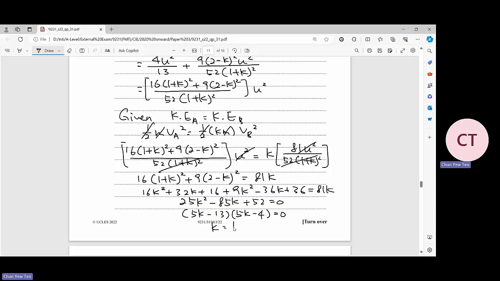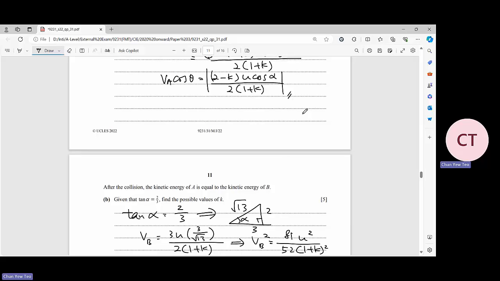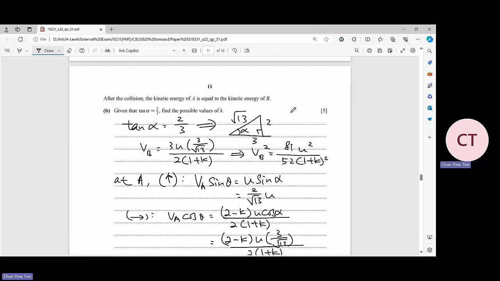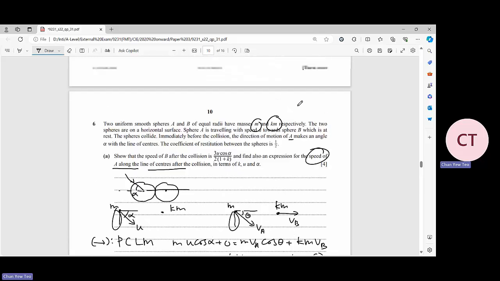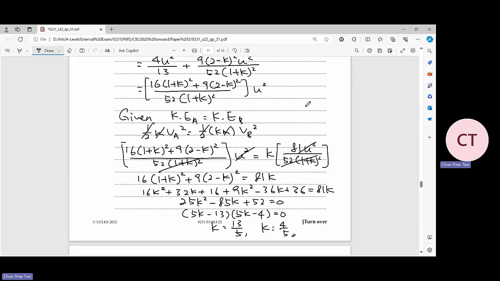So your k is equal to 13 over 5 and your k is equal to 4 over 5. Are they looking for possible values of k? Yes, these are the possible values of k. Done. So this will be the answer for question number 6B. And move on.